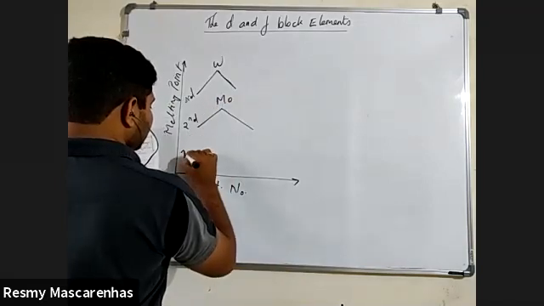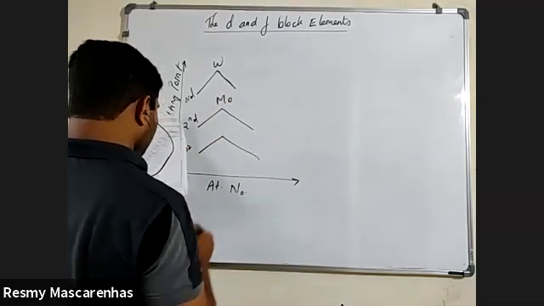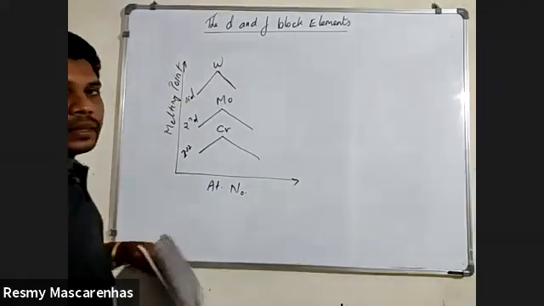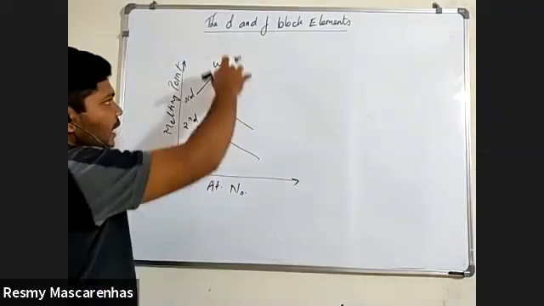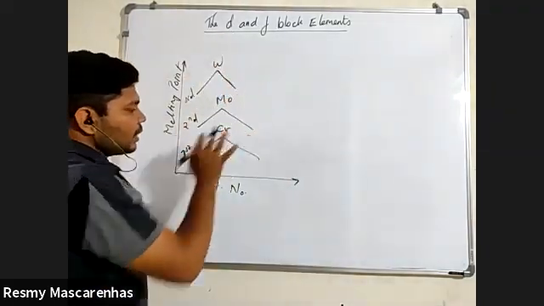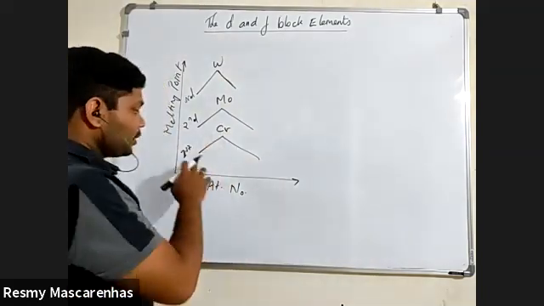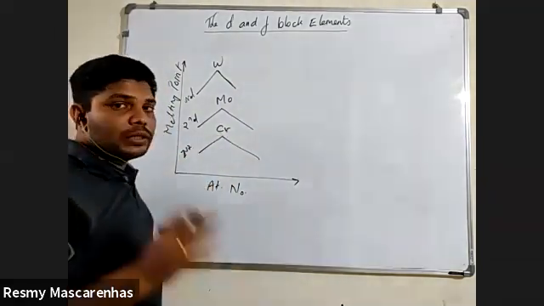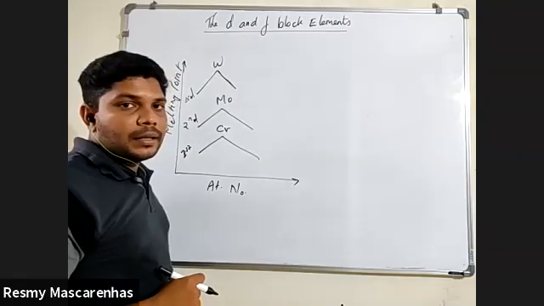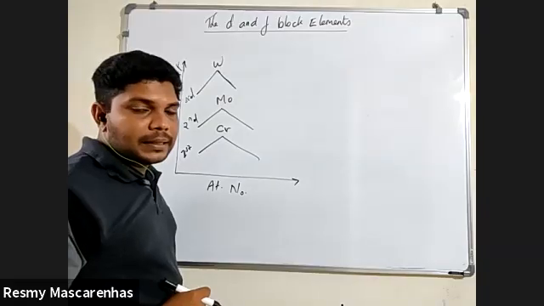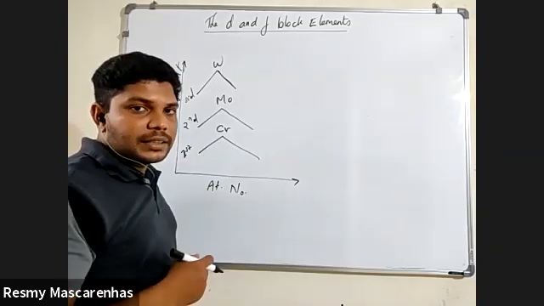And in the first transition series, who is the highest one? Chromium. Will you remember this? Yes, sir. So melting point is highest for tungsten, then molybdenum, then chromium. If they ask in the first transition series who has the highest melting point: chromium. In the second transition series: molybdenum. And in the third transition series: tungsten. Very good. Please note down this thing.